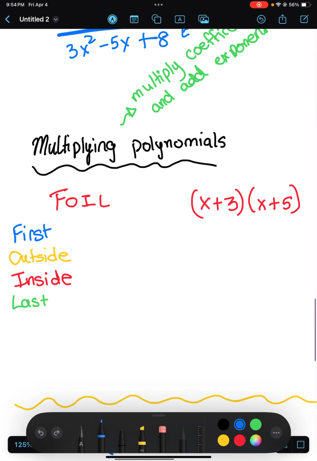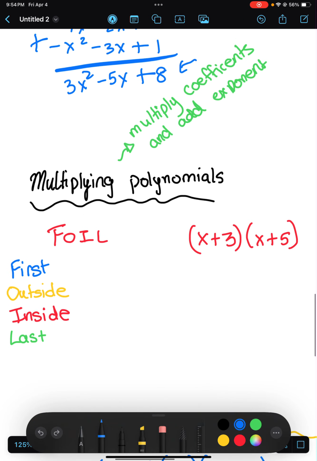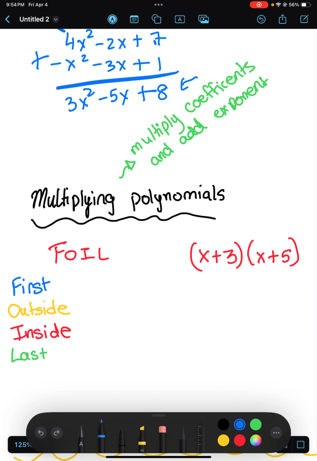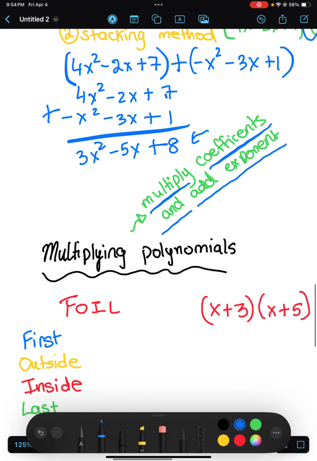Now we're going to be looking at multiplying polynomials. When we're multiplying polynomials, we actually only multiply the coefficients. But instead of leaving our exponents the same, like when we were adding, we are going to be adding our exponents, okay? So in this case, we're actually multiplying our coefficients, but we're also doing something to our exponents.